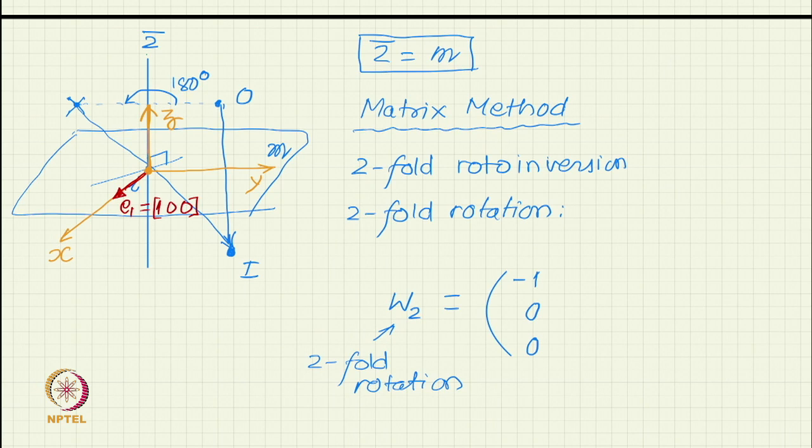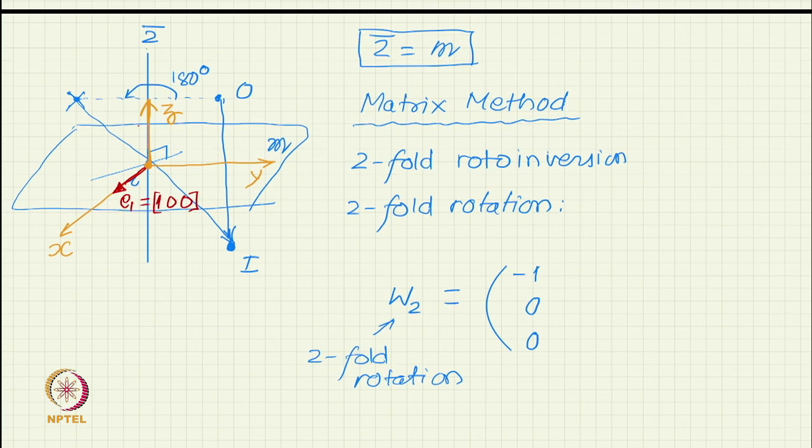If you rotate by 180 degree about z, what happens to this after rotation? It becomes -1 0 0, and that is what you write. The first column is the transformed first basis vector. So, 1 0 0 becomes -1 0 0 on 180 degree rotation. So, that is the first column.